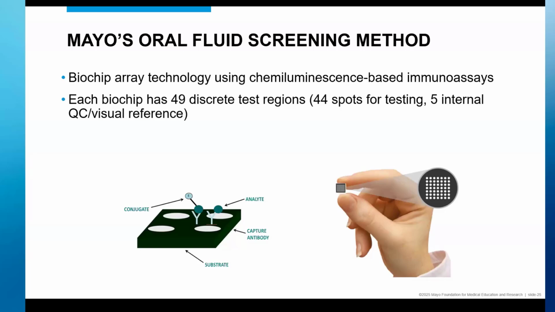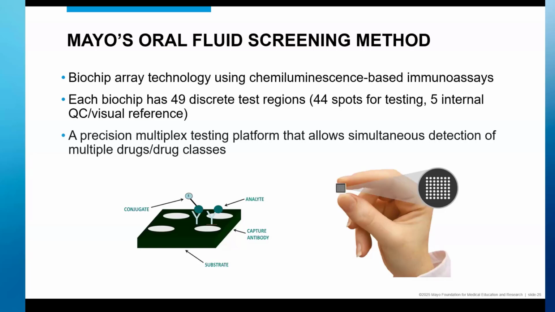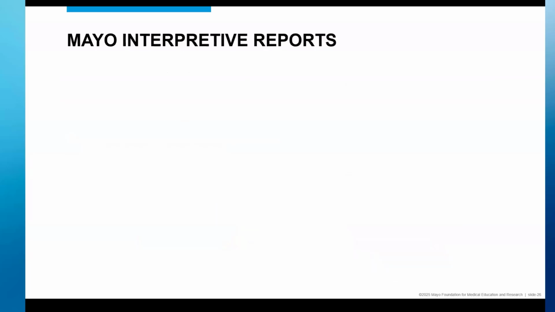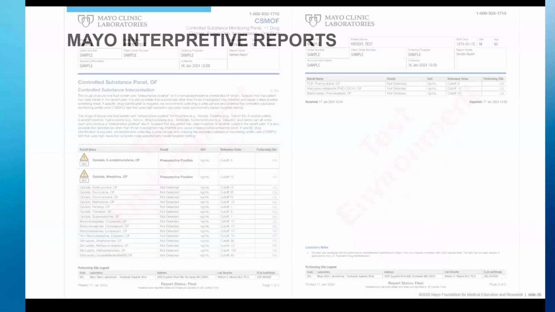And then it has 5 internal QC and visual reference spots built into it. This allows us to test multiple drugs and drug classes simultaneously on our patients, facilitating the turnaround time and keeping a lower cost.